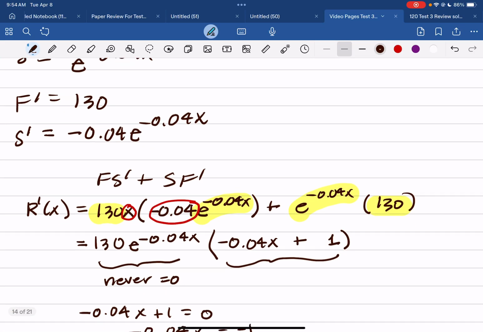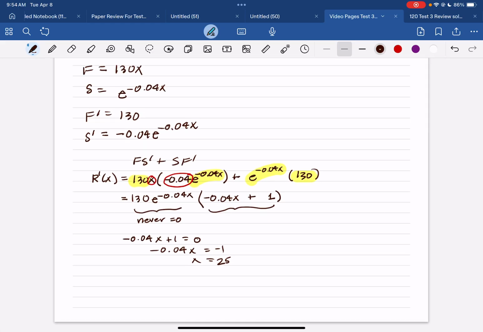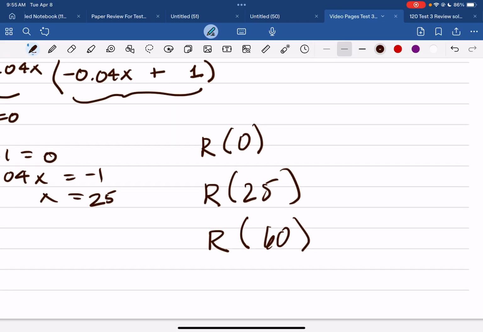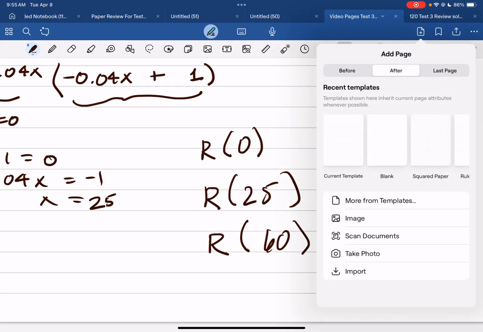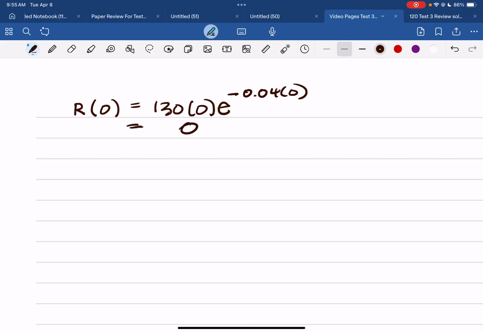So I have three numbers to check. Remember, I'm checking in the original revenue function, so I need to check revenue at 0, revenue at 25, and revenue at 60. All of those will help me find the maximum. R of 0 is 130 times 0 times e to the negative 0.04 times 0, which comes out to be 0.